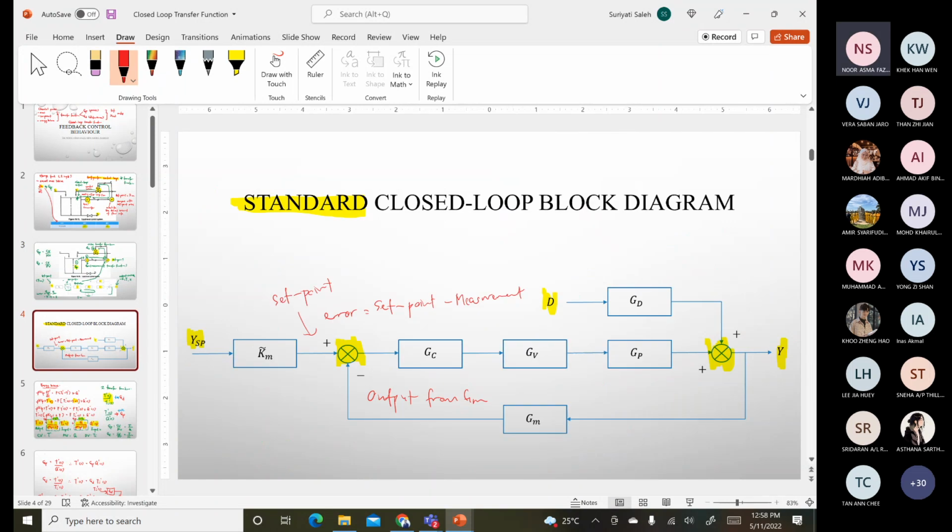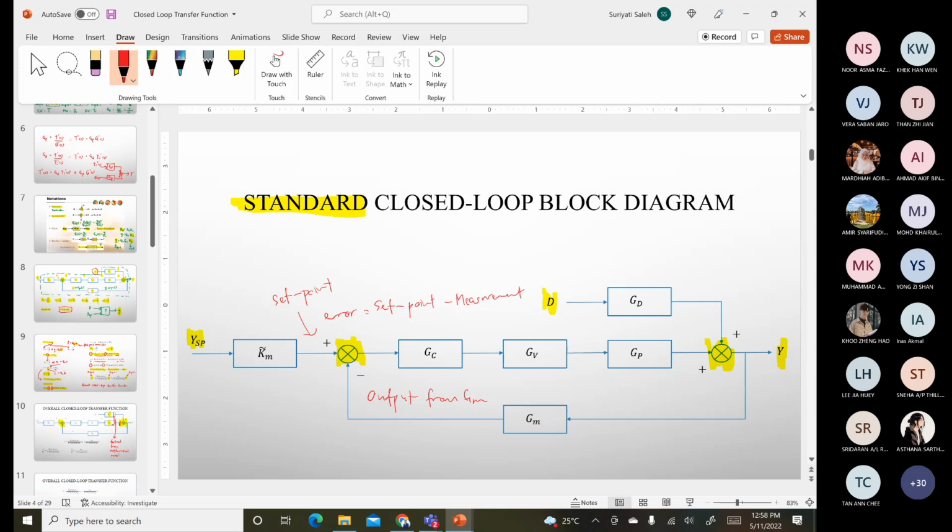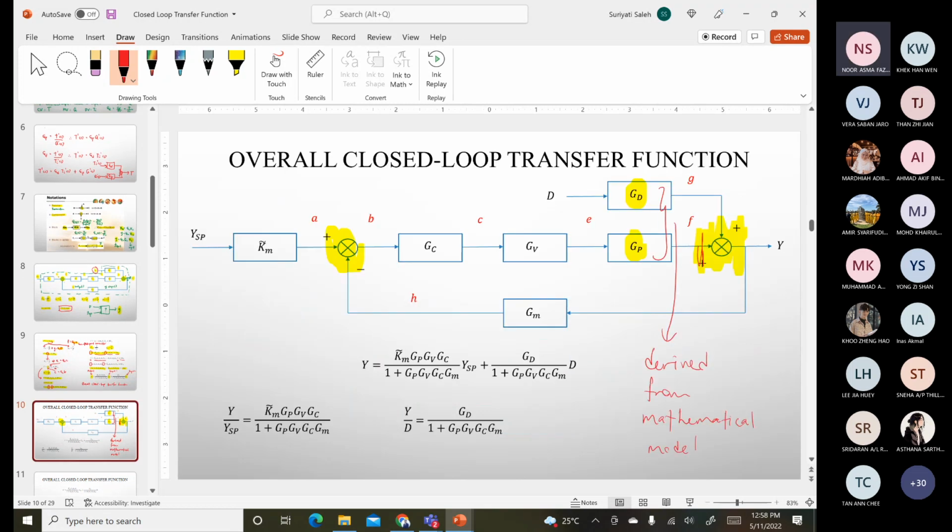This is what we call standard. It's not going to change. And from this standard block diagram, this is your transfer function. It's not going to change, so you just adopt it. You just use it directly if you have this kind of block diagram. How to know?